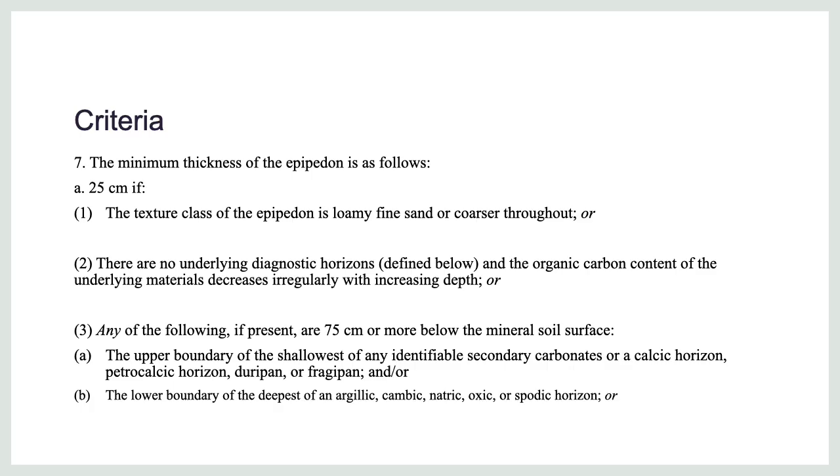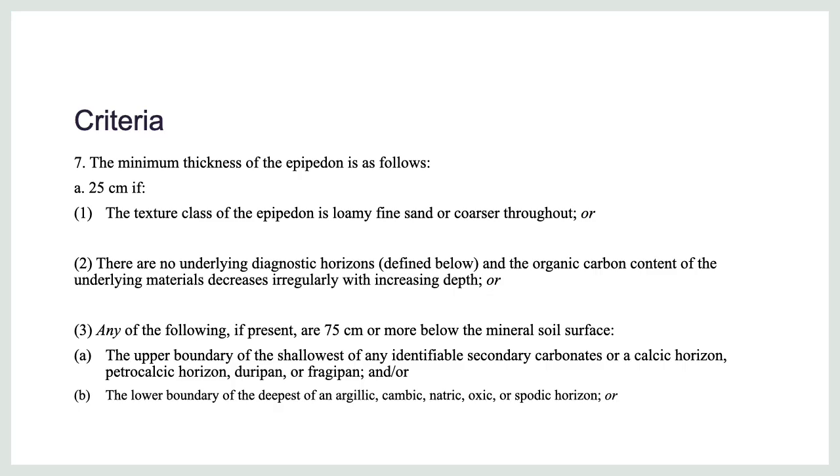Now the minimum thickness is basically equal to the mollic pattern. 25 centimeters if the texture is loam, fine sand or coarser, or let's say that we don't register a lot of clay in this horizon, or if we register underlying diagnostic horizons that are more related to irregular increase and decrease of organic carbon content showing some alluvial or colluvial material.